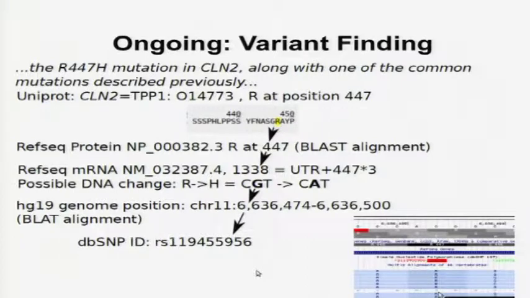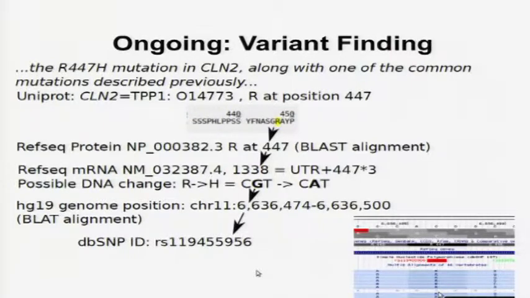Is there actually really an R at position 447 in CLN2? So I can check that in software, and then I can map this position to the genome. So if you look for a mutation in a gene for a given human disease, the idea is that you can find these automatically. There are other programs that do that, kind of. MutationFinder finds R447H, but it doesn't really check, and it doesn't map to the genome.